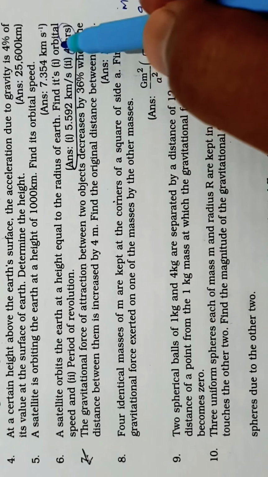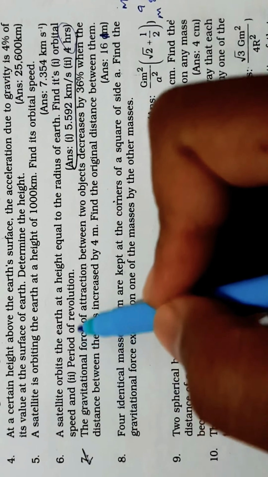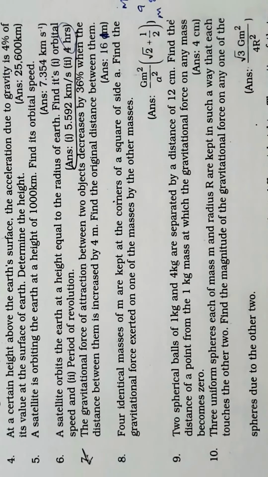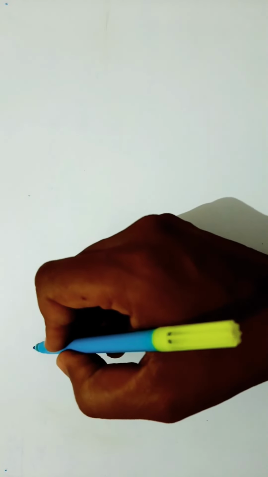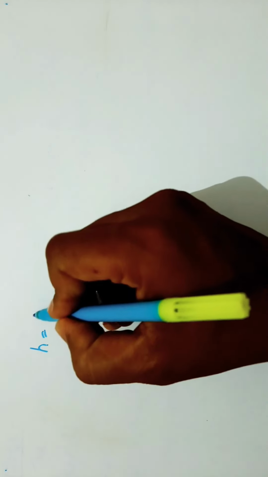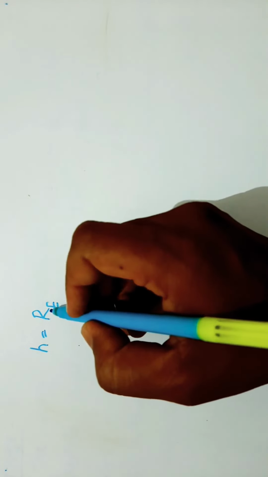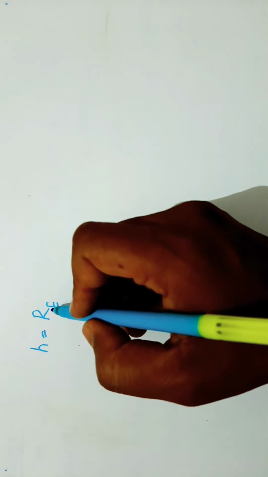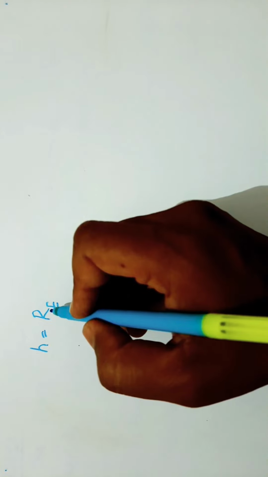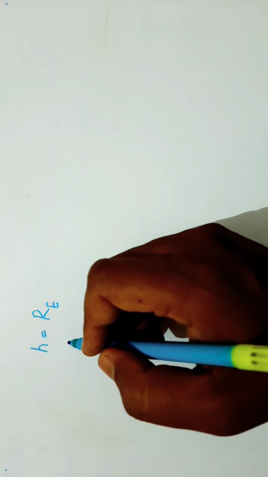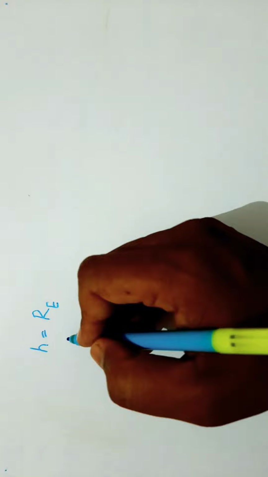We have to find the orbital speed and, second, the period of revolution, that is the time period.